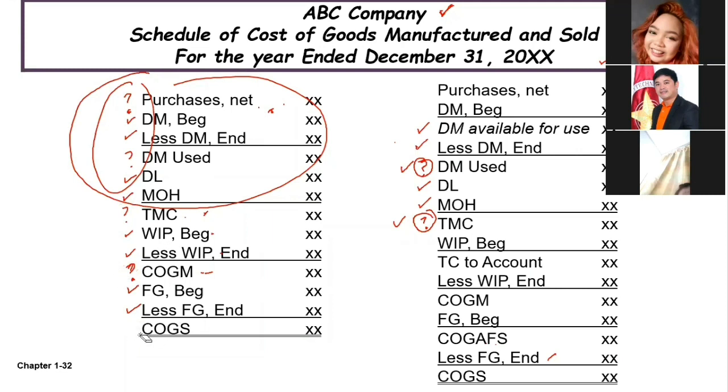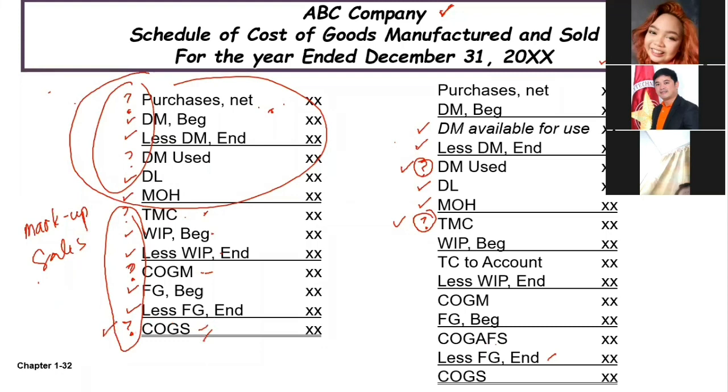Kaso, nalaman mo, wala rin ito. Hindi mo siya masolve sa taas, hindi mo siya masolve sa baba. Anong gagawin mo? Baka naman yung cost of goods sold, magawan mo ng paraan. Remember, pag may markup, tapos may sales, makukuha mo si cost of goods sold. Remember?